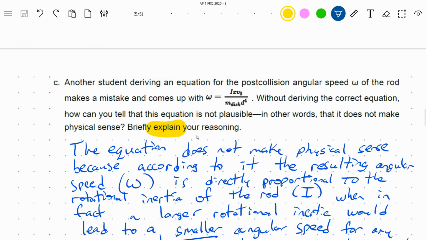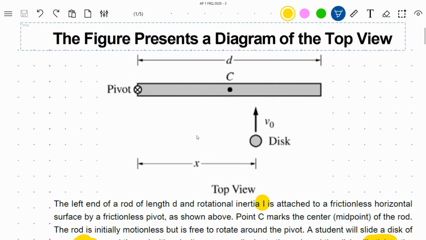All right, so going back to the diagram, sorry for all the scrolling here, but we're comparing two possibilities. The original possibility was collide and stick. That's what we've been focused on up until now. We're now considering another possibility. In this new possibility, the disk is going to come in and bounce off of that rod. And of course, the question is, in which case will that rod be spinning faster?